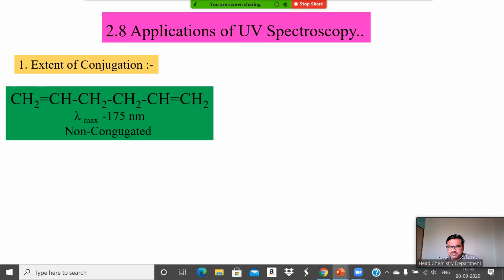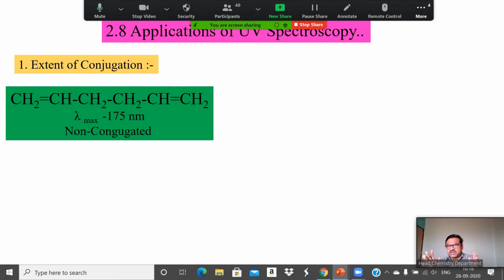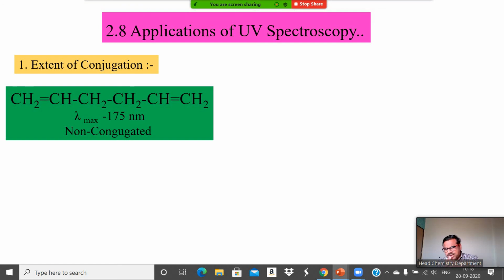They are not in a conjugated way. They are not adjacent to each other. They are far away from each other. In this case, this compound containing 2 double bonds far away from each other is therefore called a non-conjugated system or isolated system.